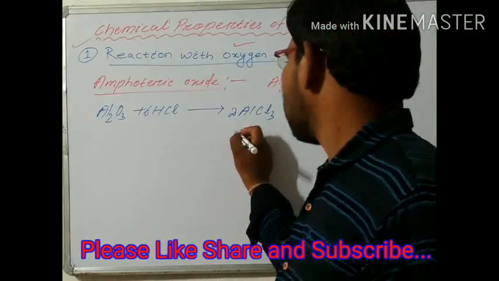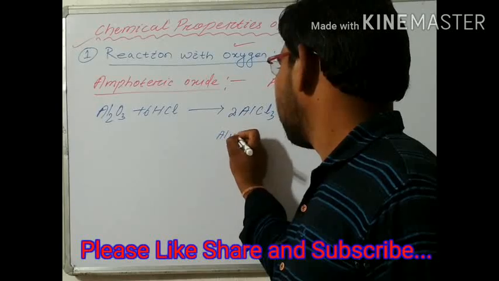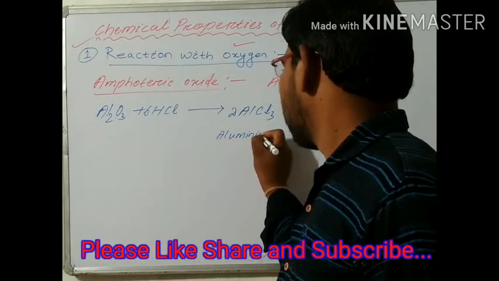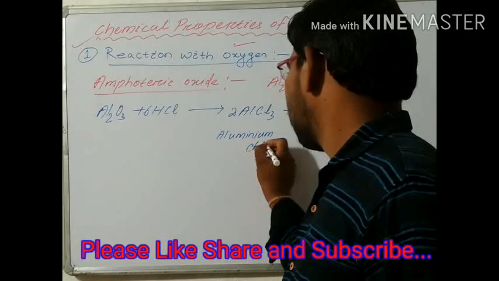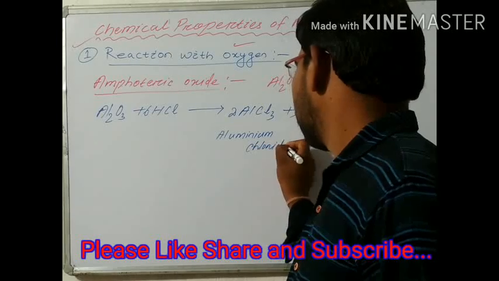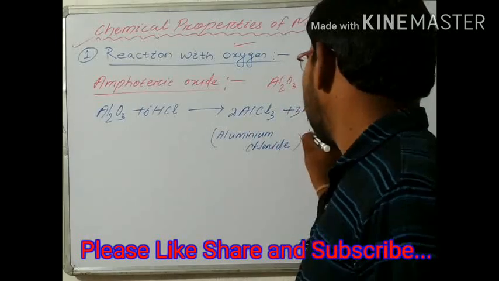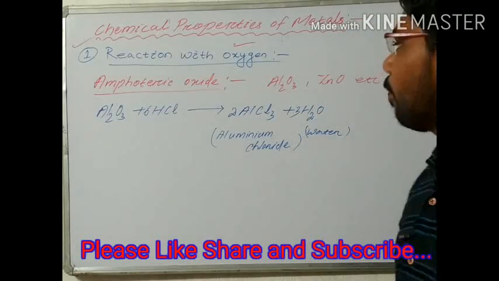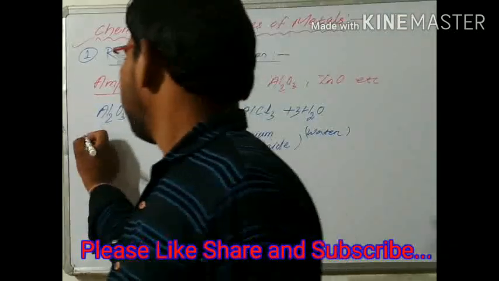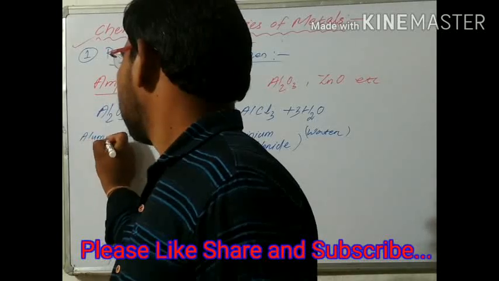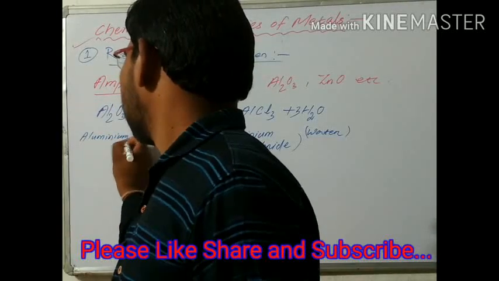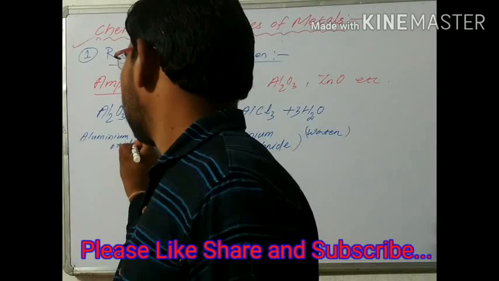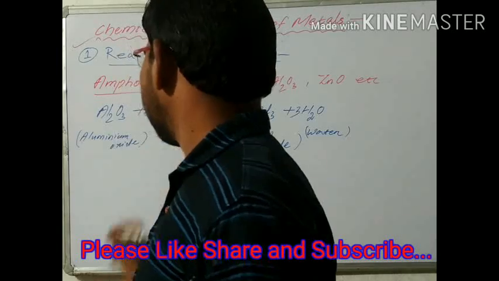This is the salt aluminium chloride, this is aluminium oxide, and this is hydrochloric acid.